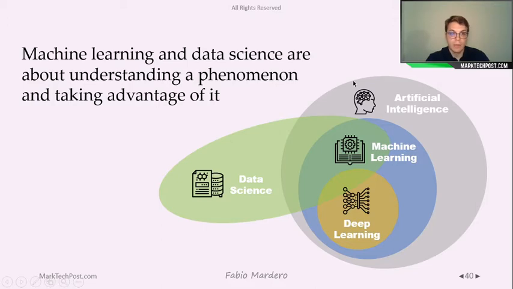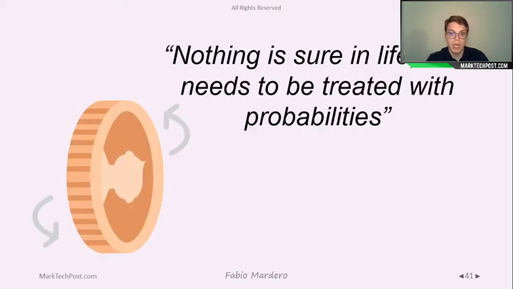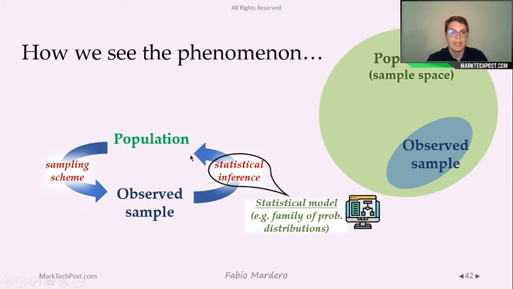So again, machine learning and data science are about understanding a phenomenon and taking advantage of it. But how can we understand the phenomenon? Well, nothing is sure in life, so it needs to be treated with probabilities. Again, we link this content to the course of statistics. And this is how we see the phenomenon.